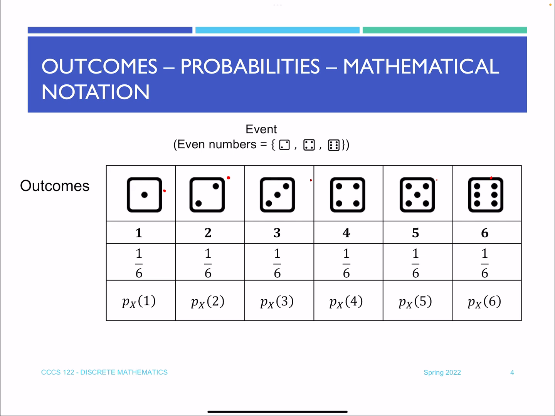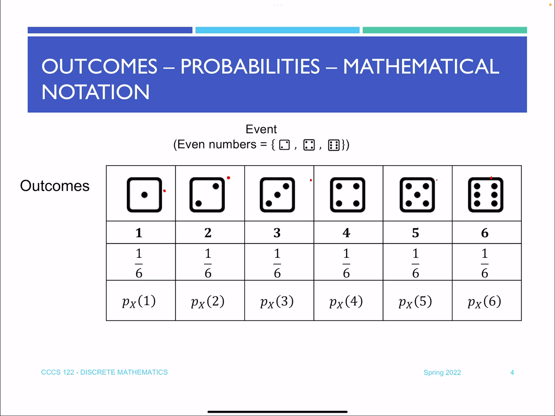But on top of outcomes, we can also define events. And events are basically subsets of the sample space, or collections of outcomes. So, for example, an example of an event for this particular experiment could be that we roll an even number. So rolling an even number is an example of an event.